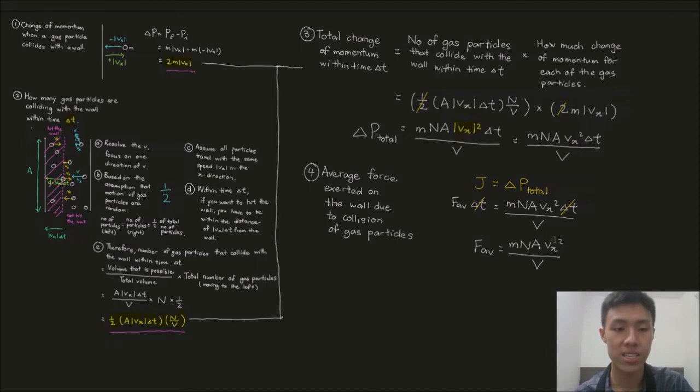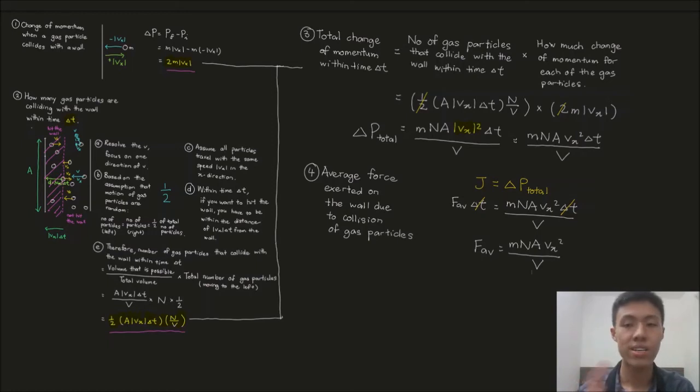Then this vx here represents the speed. Okay, it's been squared already, so velocity and speed don't really matter anymore. It's the speed of the gas particles, and we assume that they are all the same, the speed of all the gas particles in the x direction. Then the V here is just the volume of the container.